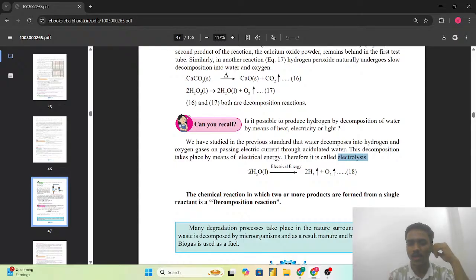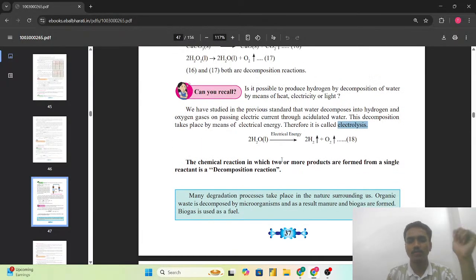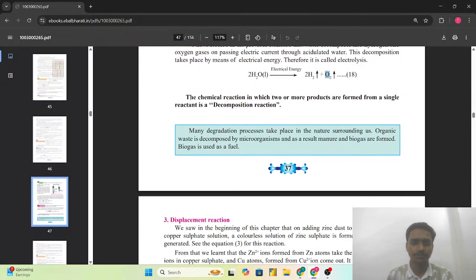We also performed an experiment on this in lower classes, electrolysis with the help of electrodes. There we saw that the electrodes collect molecules of hydrogen gas and oxygen gas. So a chemical reaction in which a single reactant breaks down into two or more products is called a decomposition reaction.